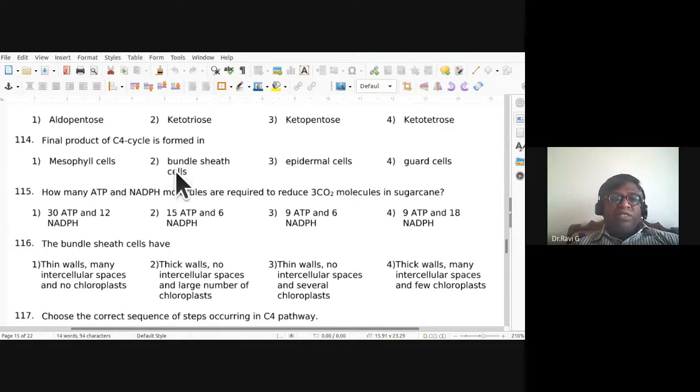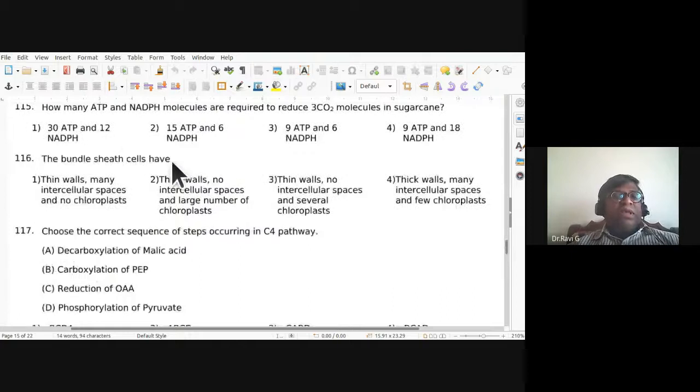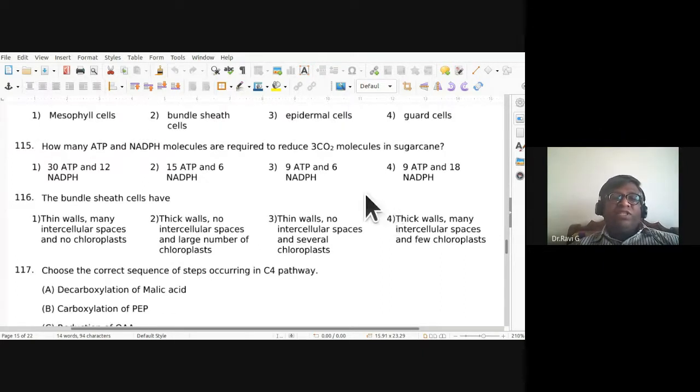From mesophyll cells, they are going to transfer this, and the final product of C4 cycle is formed in bundle sheath cells. How many ATP and NADPH molecules are required to reduce 3 carbon dioxide molecules in sugarcane?